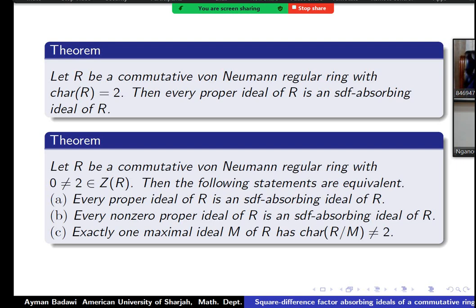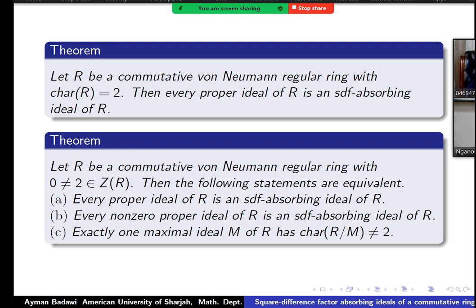Here, if 2 is not 0, because if 2 equals 0, then the characteristic is 2, and it's a zero divisor, then the following are equivalent. Every proper ideal of R is SDF.